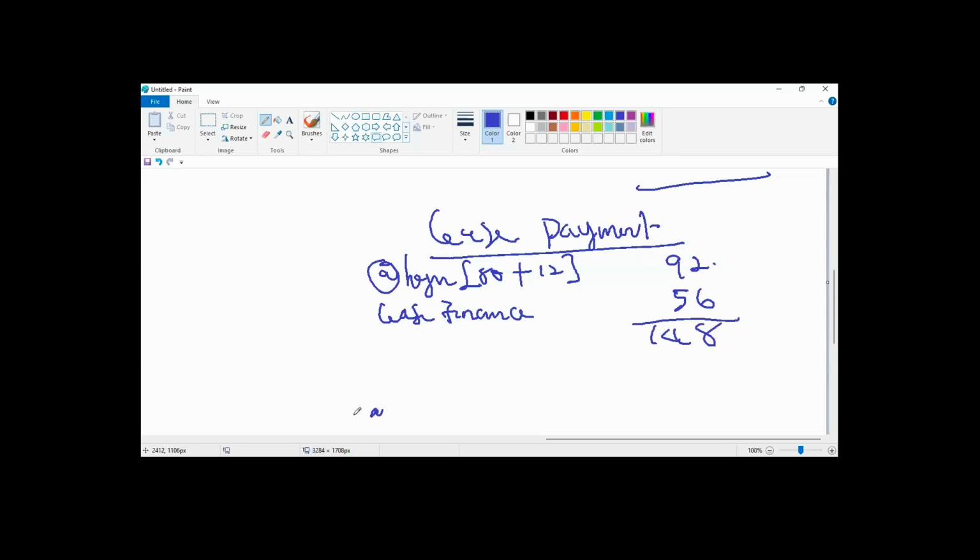Then at the end, current liability, we have 17. No, no, sorry, 100.